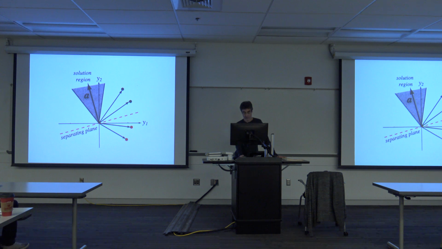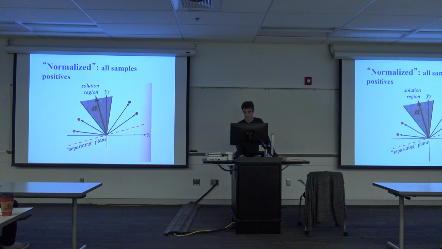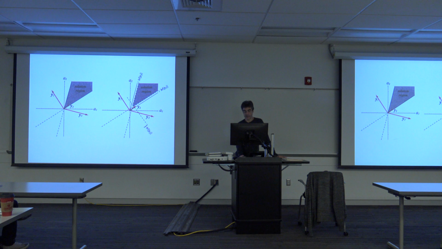Okay, so we need to find this vector that is normal to the hyperplane that defines my hyperplane. And we said that there's this solution space, right? Any vector a that is defined in that solution region is a solution for classifying my samples.